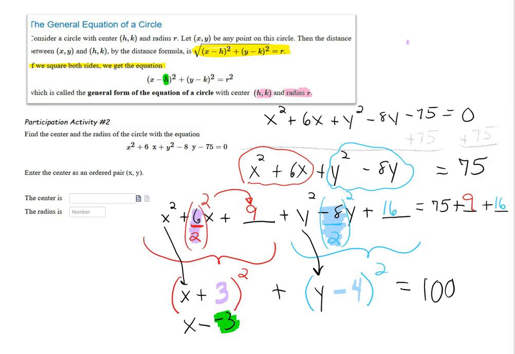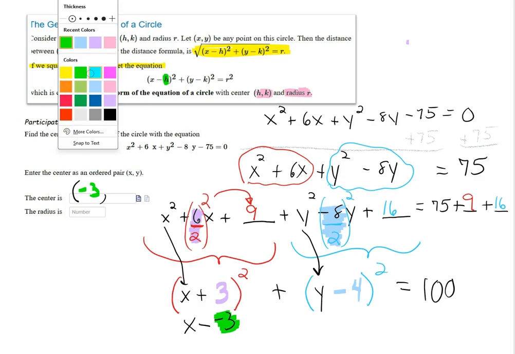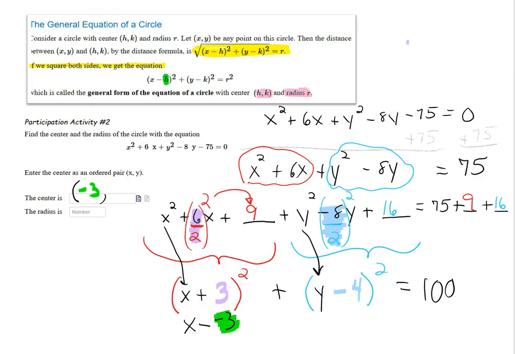So my center, the x coordinate is negative 3, comma, and then your y coordinate, it's y minus k, and I do have a minus sign here, so 4 is your k.